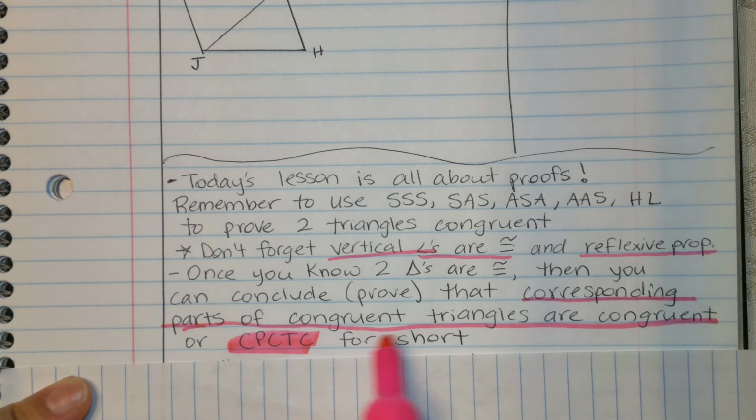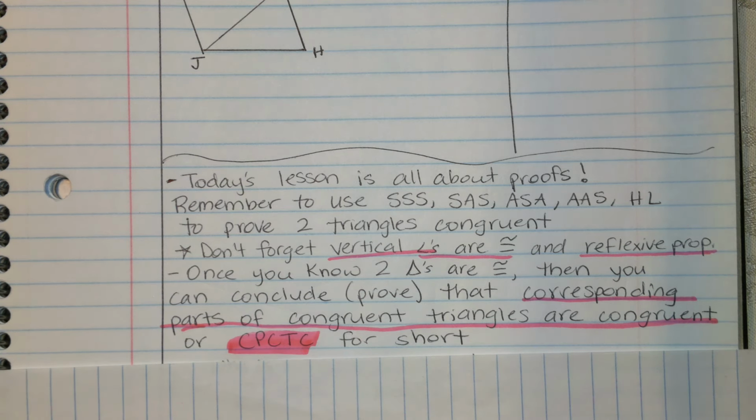It takes more than one line to write. That's why we say CPCTC for short. So practice saying that, CPCTC. Corresponding parts of congruent triangles are congruent. Okay, so C is for corresponding, P is for parts, congruent, triangles, congruent. It's a lot to say, so even though it's a longer abbreviation, it's way shorter.